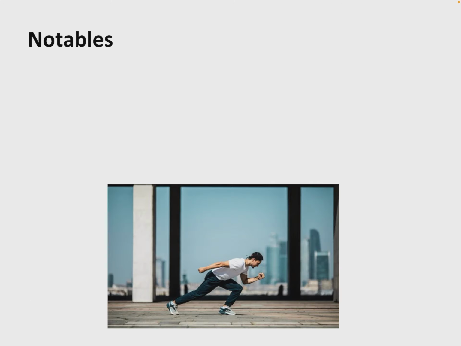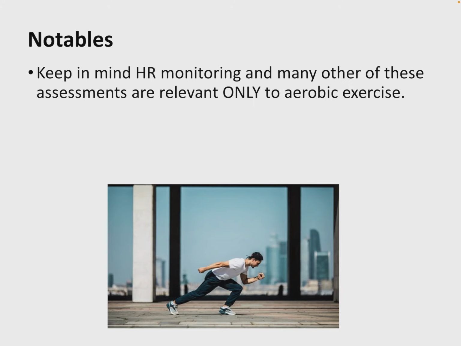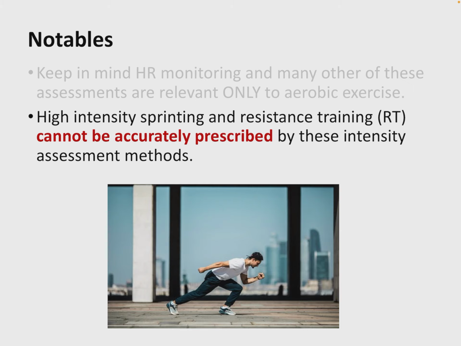Now, important to note that the heart rate predictions are only relevant to aerobic exercise. We can't accurately use heart rate to predict training for strength or for sprinting. And we've mentioned it many times before that if you've been sedentary, you should progress slowly.